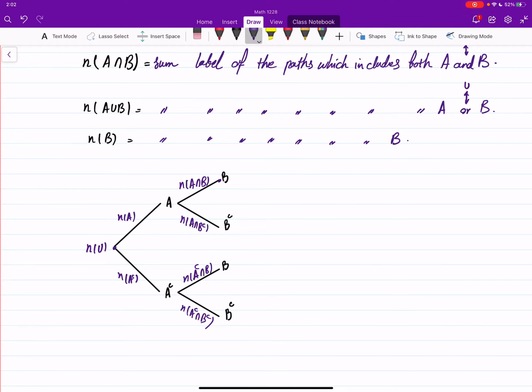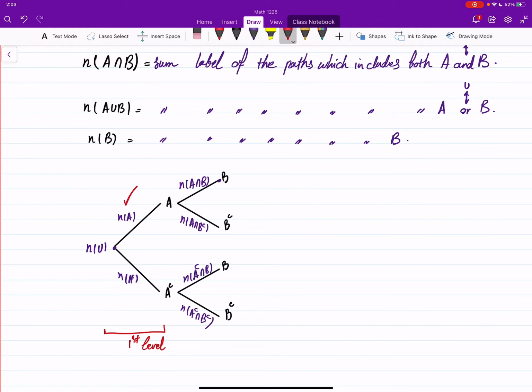Okay. Now, if you're looking for n of A, well, you can go and find it from the labels. This only happens for the first level sets. A and A complement, you can just find them.